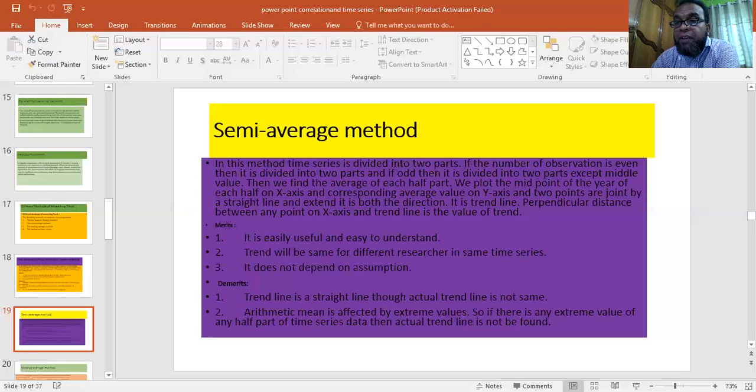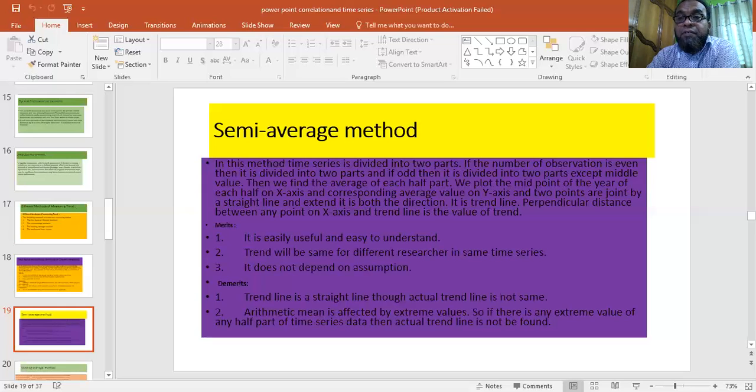And if even, then you just take the average of the first half and last half and put the average value at the middle of each half of the years. Okay. Then you join the 2 points you have got on graph paper and extend the line in both directions, upward and downward. Okay.